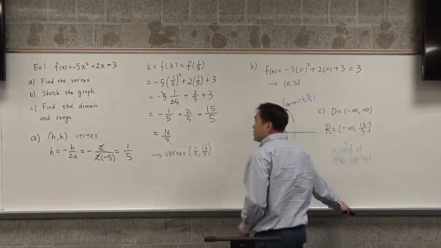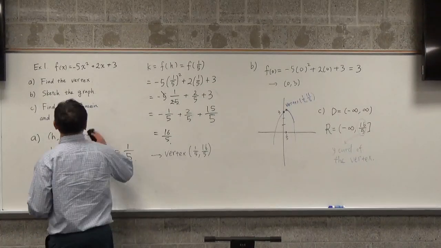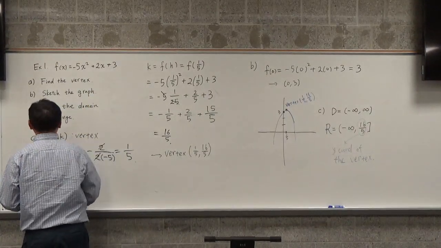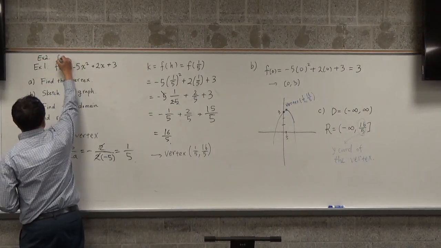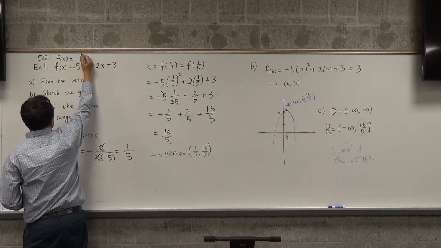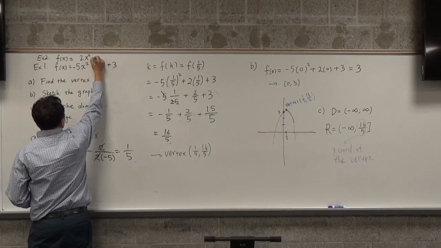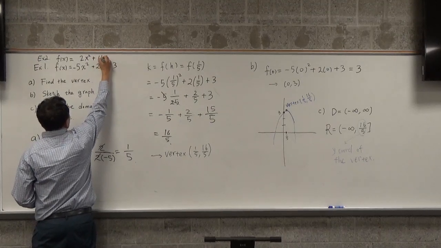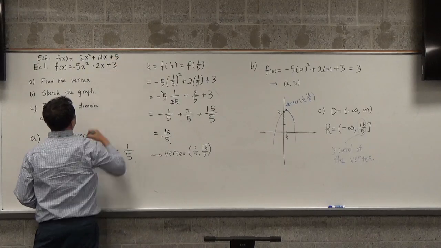Okay, do you have any more questions on this? Let me give you the next question. So try example 2, exactly the same thing, but this time f of x is 2x squared plus 16x plus 5.